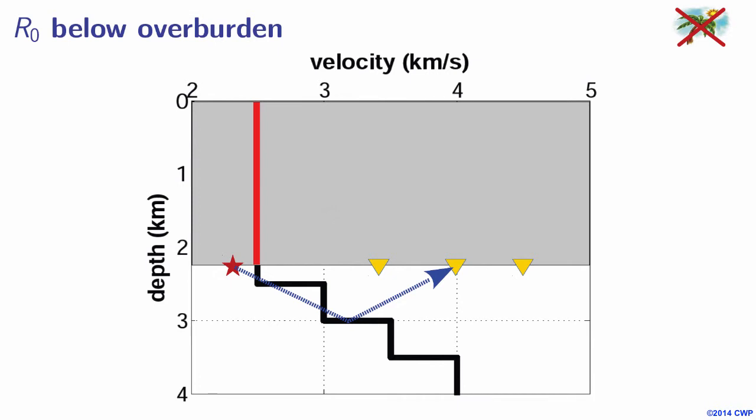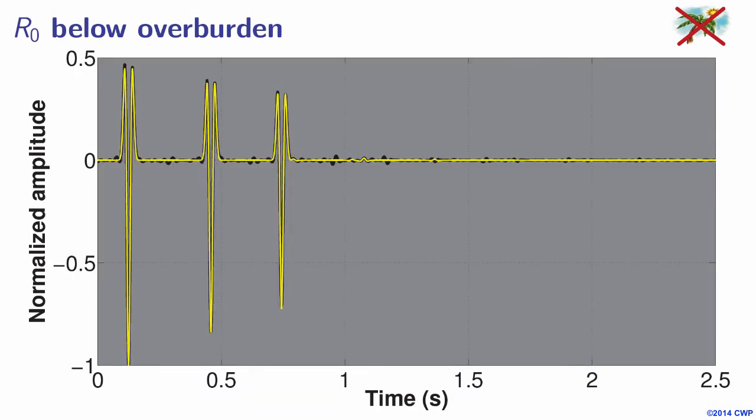So we'll avoid the impact of these internal multiples within the salt, or whatever overburden we have. If we have a complex overburden, we can avoid the complex wave paths above, and we can make a new acquisition, I would say a virtual acquisition, as if there were sources and receivers at that new datum level. And here's the result.